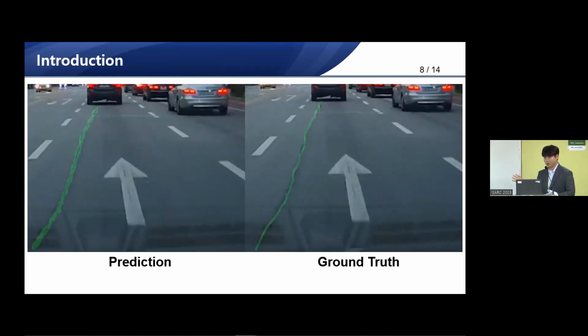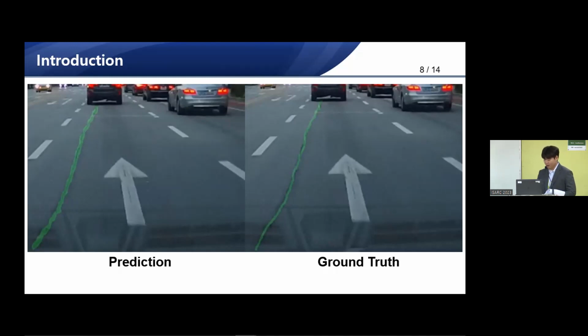Do you remember the IOU score we talked about earlier? What do you think our model's prediction IOU score is in this picture? Green pixels mean the crack. Maybe 50% or over 70%?